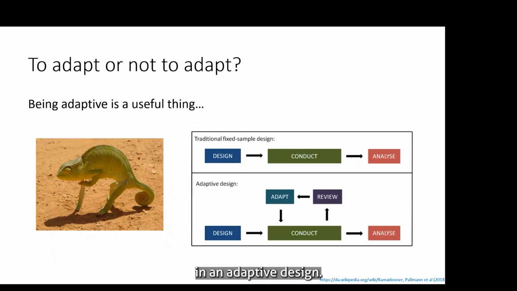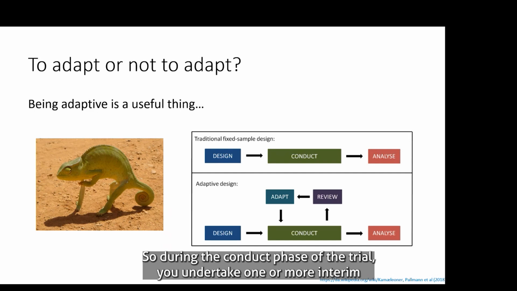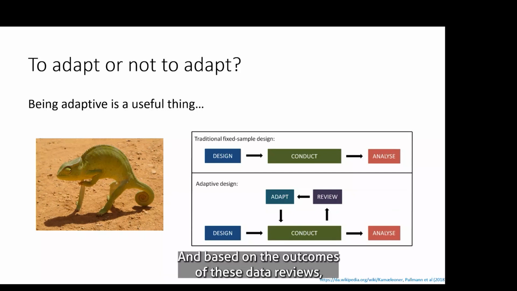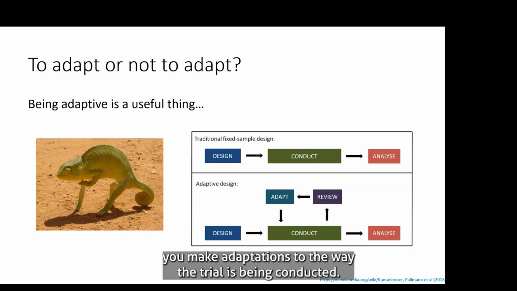In adaptive design, you have this additional kind of feedback loop in there. So during the conduct phase of the trial, you undertake one or more interim data reviews, and based on the outcomes of these data reviews, you make adaptations to the way the trial is being conducted.